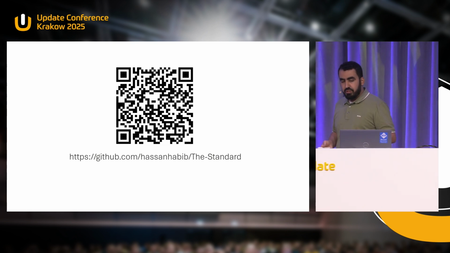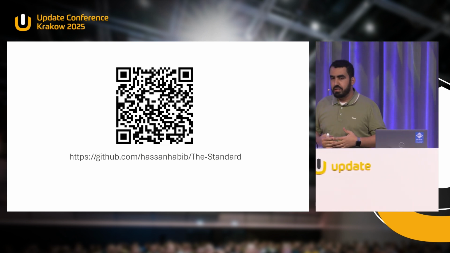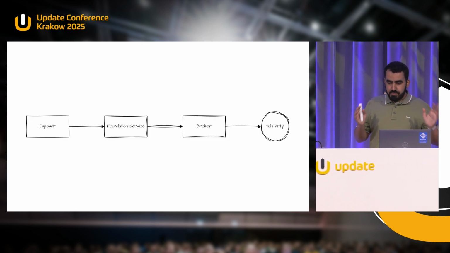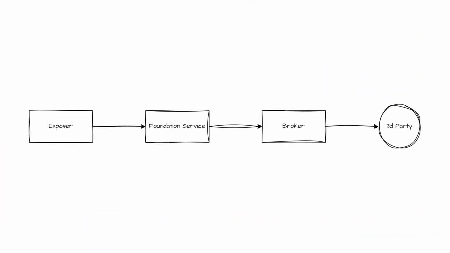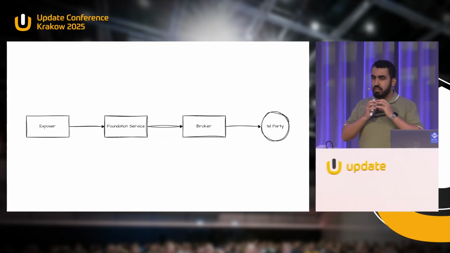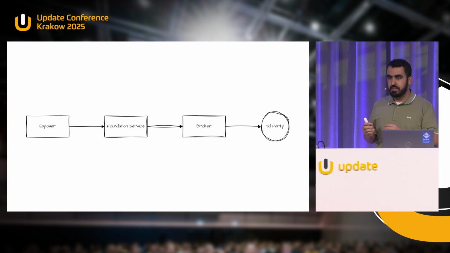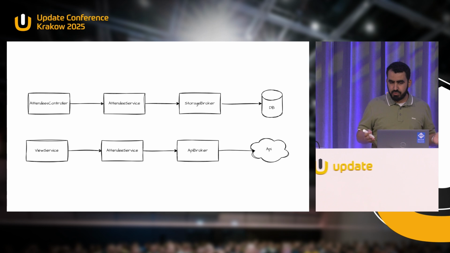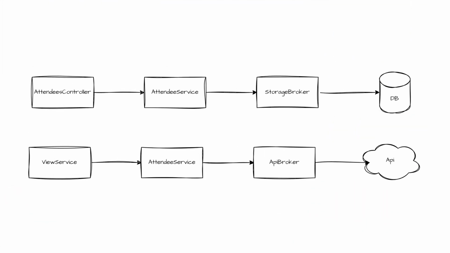The reason I am talking about that is because I will generate code today that fits this Standard. The main principle is that we have three main components: the brokers, the services, and the exposures. When you see a broker in my code, that means it's the only place where you can see third-party libraries. Let's say the storage broker for the backend, for example, handles Entity Framework stuff.